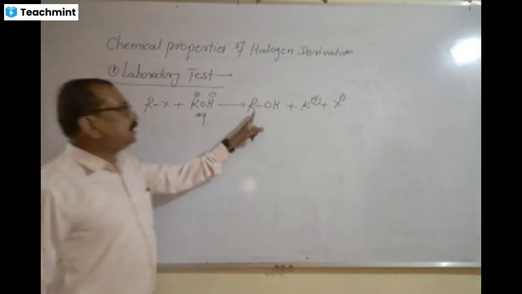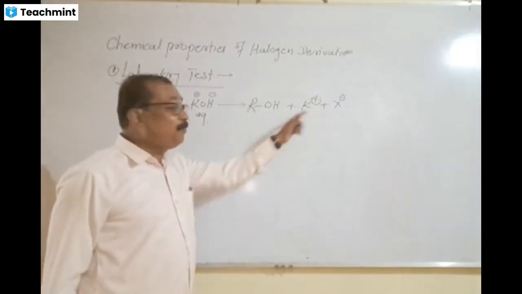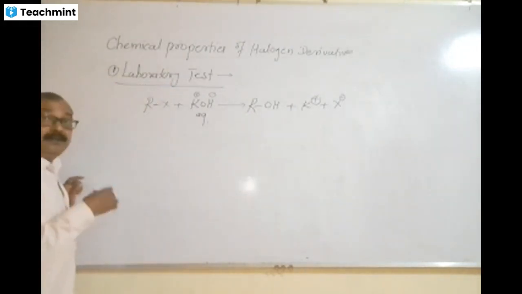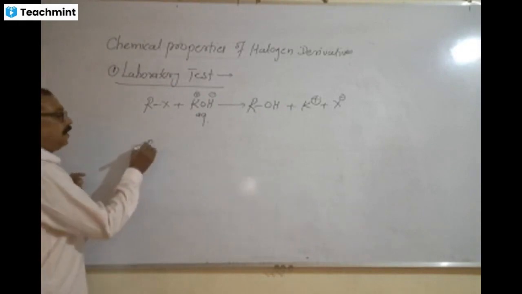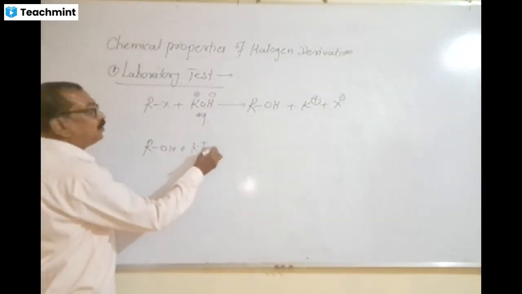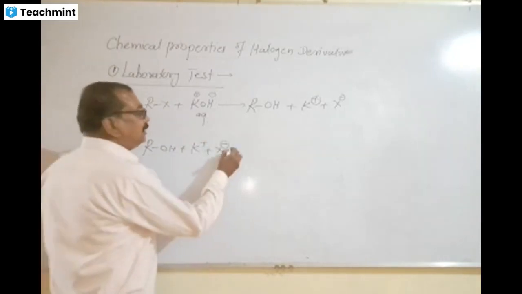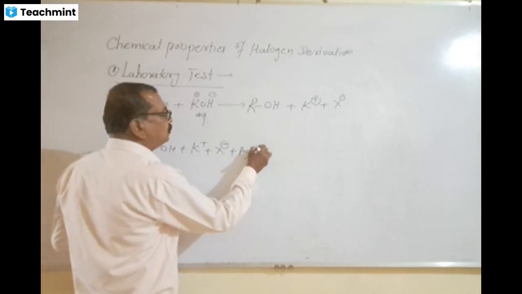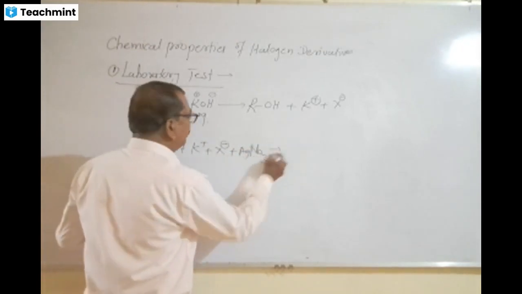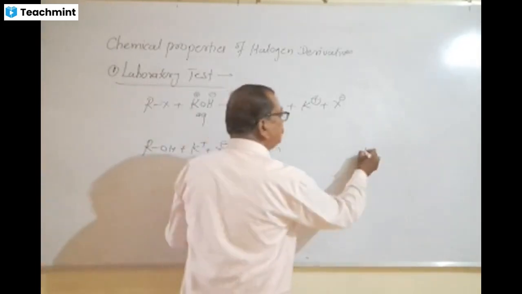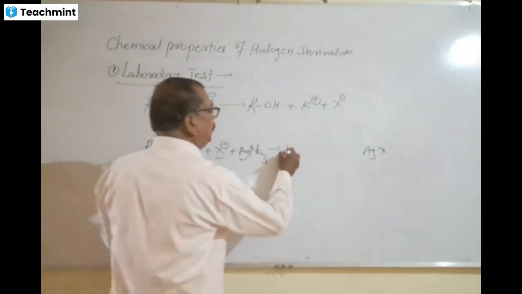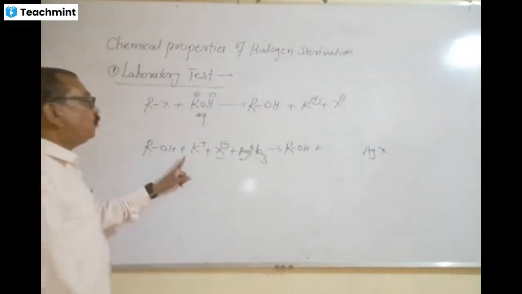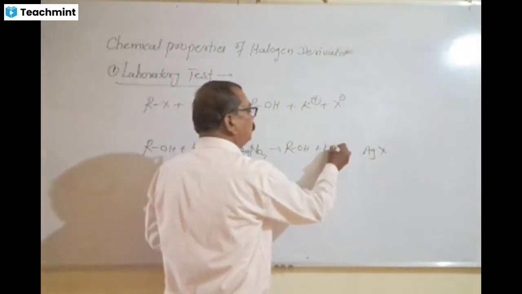And when this obtained product, ROH plus K plus X minus, is treated with silver nitrate, AgNO3, then this halide ion and silver form an insoluble compound, that is AgX, and alcohol ROH plus potassium and nitrate form KNO3.